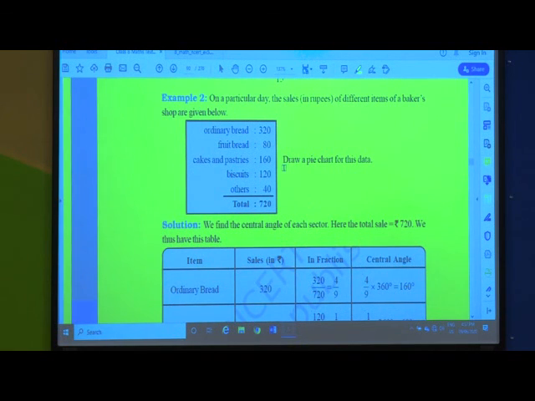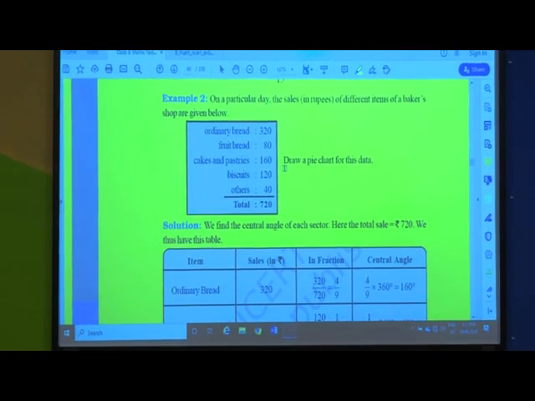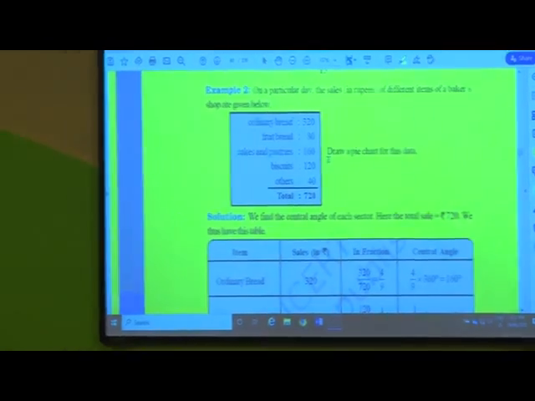On a particular day, the sales in rupees of different items of a baker's shop are given below. Normally we go to the bakery to purchase something, like bread, butter, pastries, cookies. The same has been mentioned here.